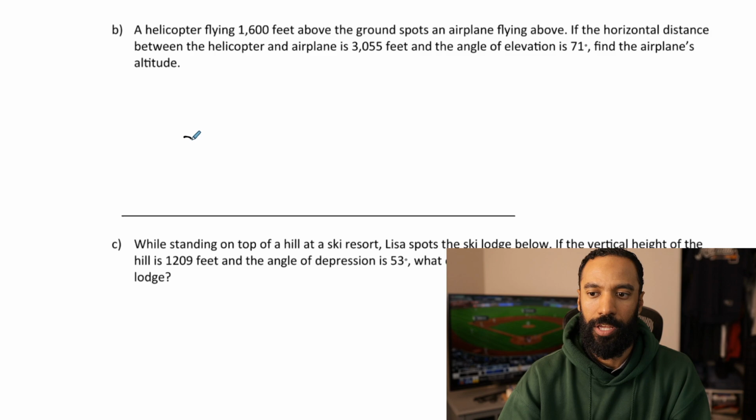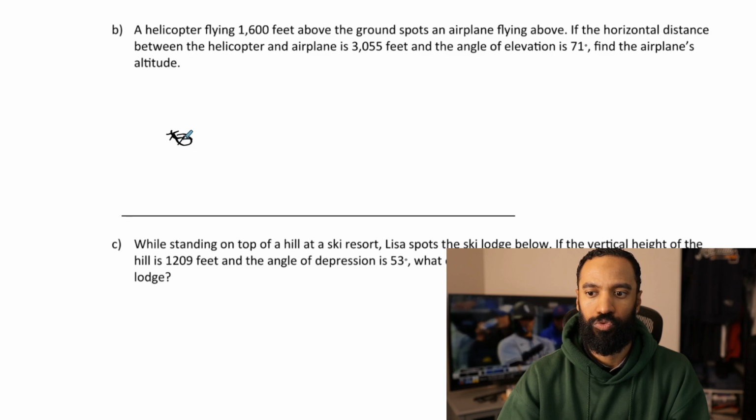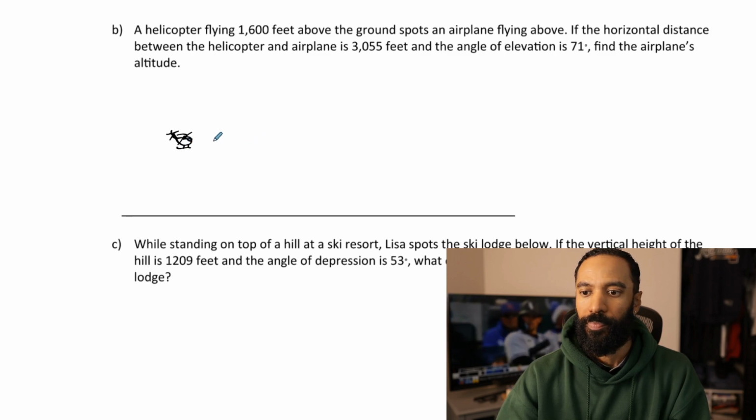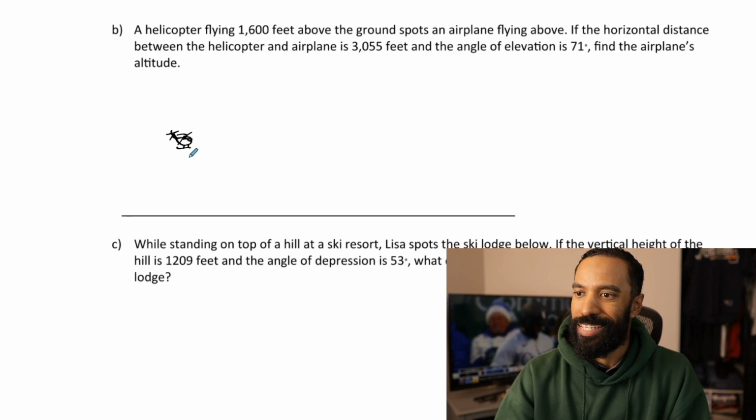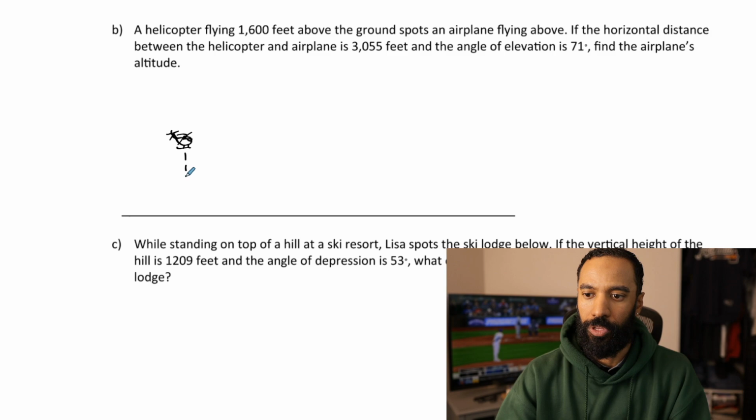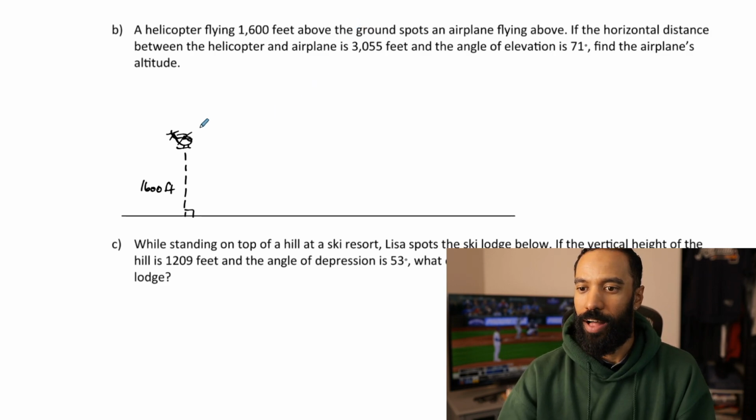The airplane is not on the ground. The helicopter is not on the ground. But I do have a helicopter. Okay, that's a helicopter. It's 1,600 feet above the ground. I guess I should have known the ground does matter. It spots an airplane flying above.